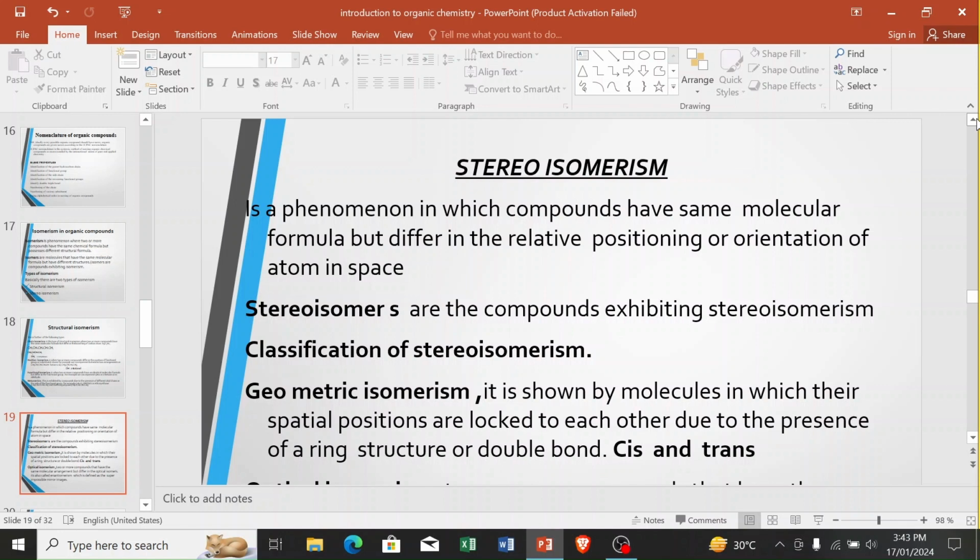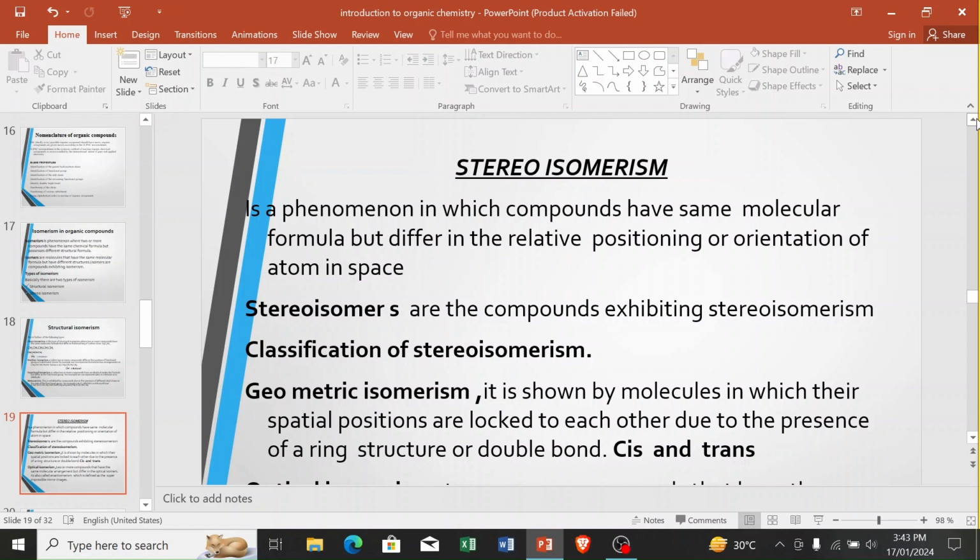And in each of them, you need to know the isomers, and you also need to know the different functional groups that can be represented in each of them.